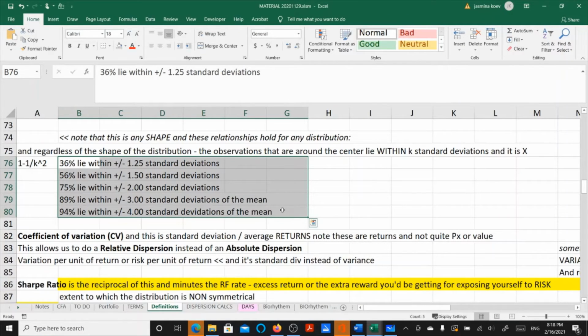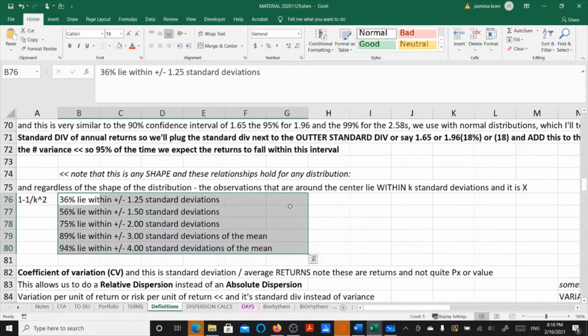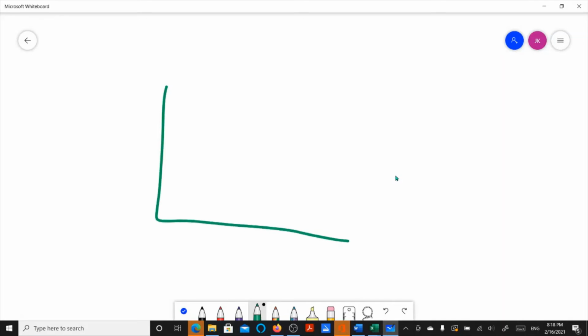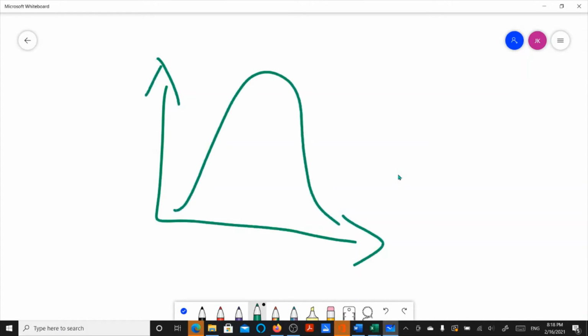So there is a calculation that we can use. This is highly related to your typical normal distribution. I do need to present this in a different way, so I'm not going to get too much into it, except to show you if you're looking at a data set and this is your average, this would be one standard deviation.